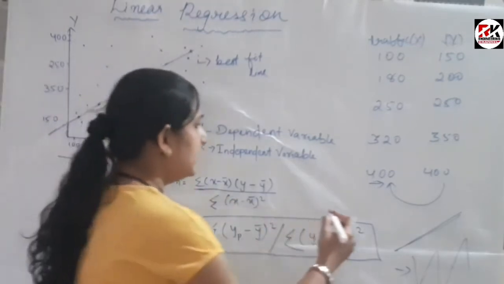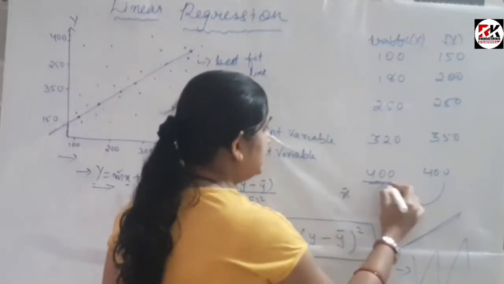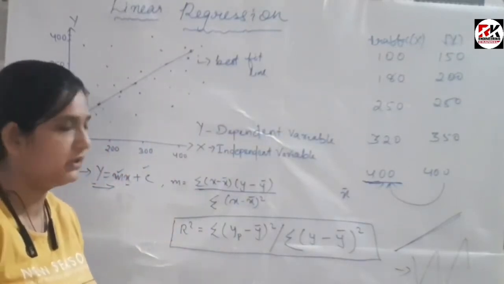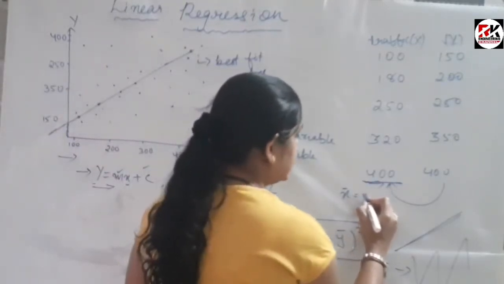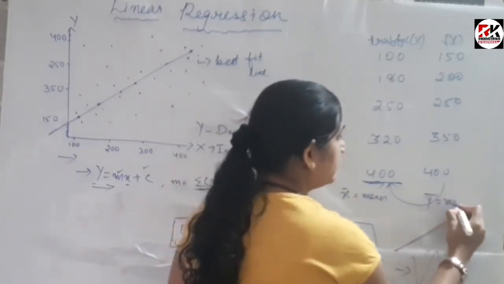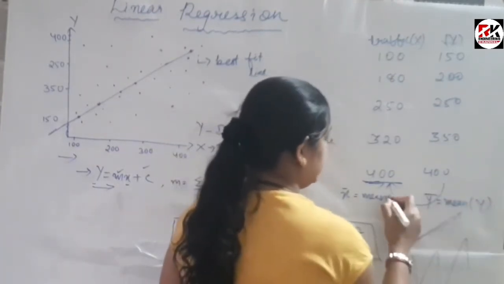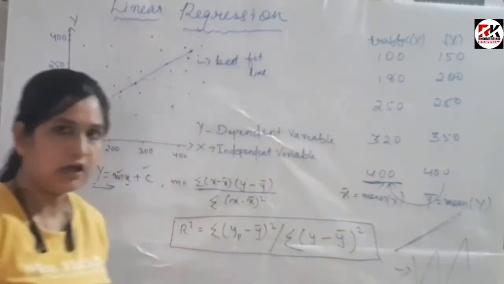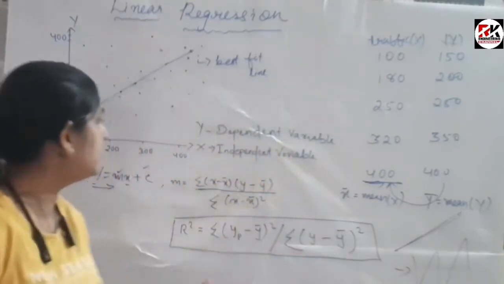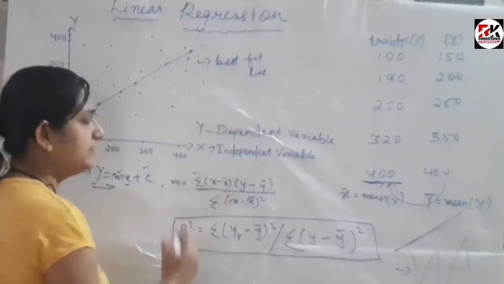What is x bar? x bar is the mean of x, so you sum it up and divide it by 5, and y bar is the mean of the y values. You have to calculate the mean of x and y and put them in this formula.